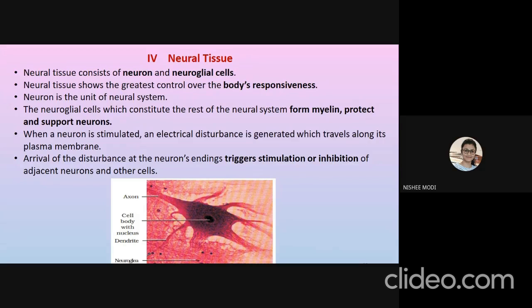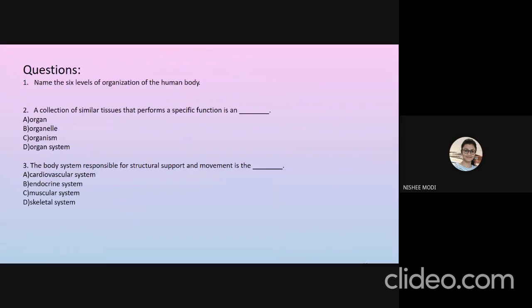When a neuron is stimulated, an electrical disturbance is generated which travels along the plasma membrane. When this electrical disturbance arrives at the ending of the neuron, it triggers stimulation or inhibition of adjacent neighboring cells. These are my references and questions.